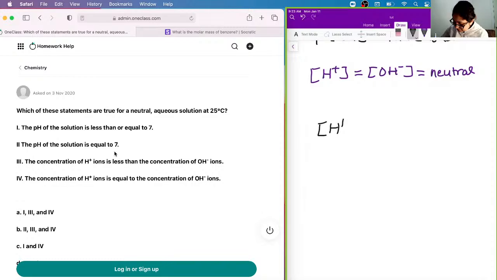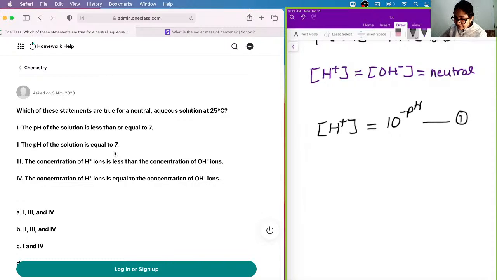To find the concentration of your hydrogen ions, you would have to take 10 to the power of the negative of your pH. Okay, in this case, you need to know the pH in order to find the concentration of your hydrogen ions. And this is our equation number 1.